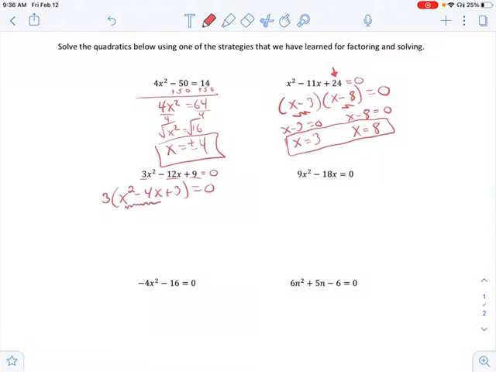Now I have something that I can just straightforward factor. So I'm saying what multiplies to 3, but adds together to give me negative 4. And I have negative 3 and negative 1 will take care of that for me. Solving these factored mini equations set equal to 0, I'm going to get 3 and 1.